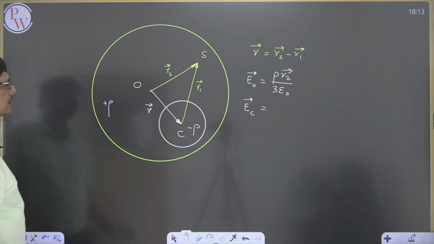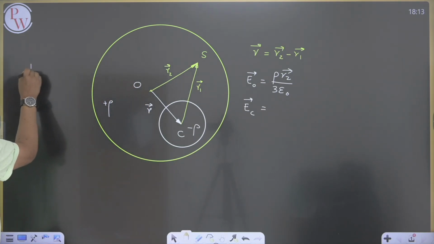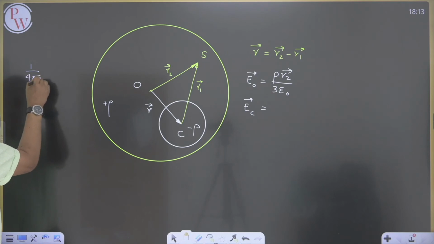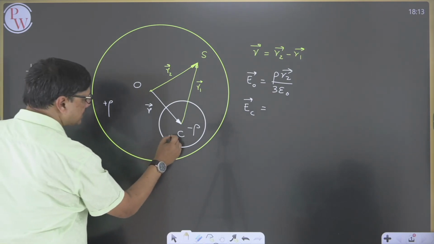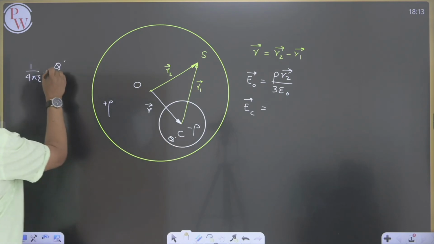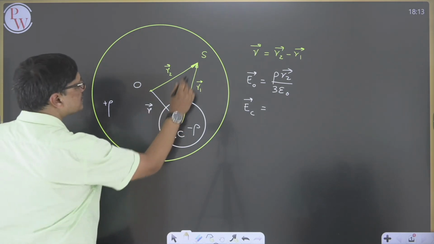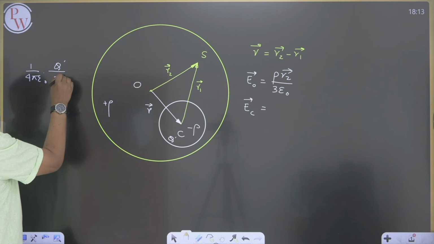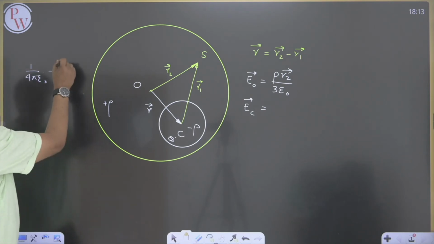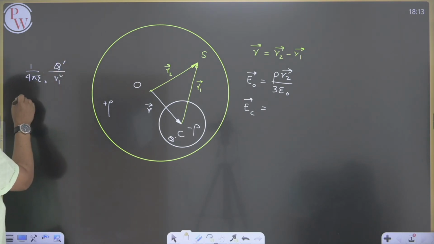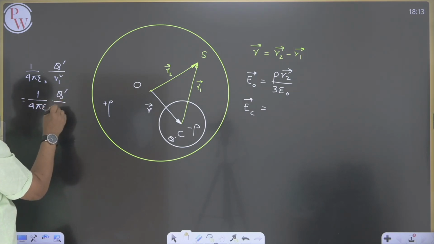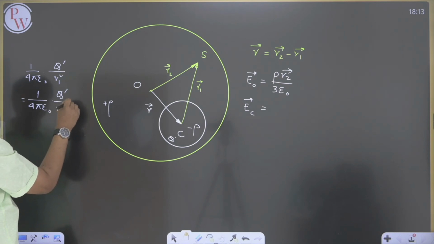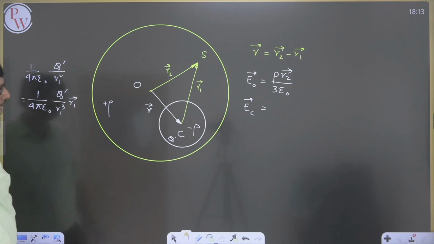Outside means we know 1 upon 4 pi epsilon naught, the charge amount q prime, because here the charge is q prime, divided by the distance r1 square. If we go for vector representation, then what will happen? 1 upon 4 pi epsilon naught, this is q prime, divided by r1 cubed into r1 vector.